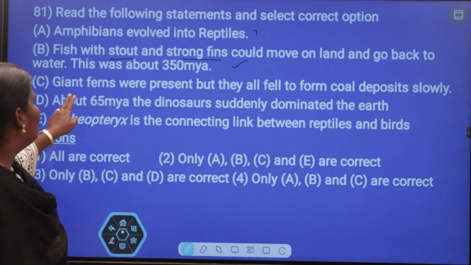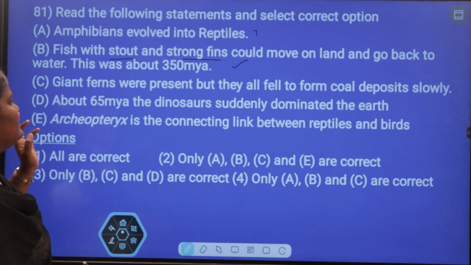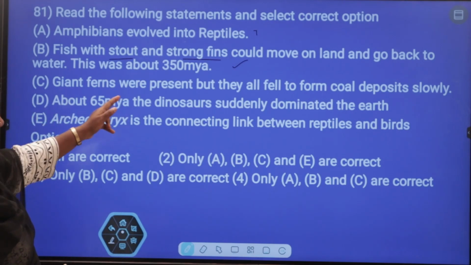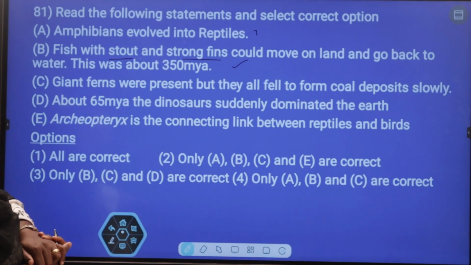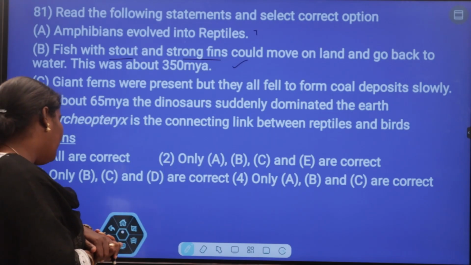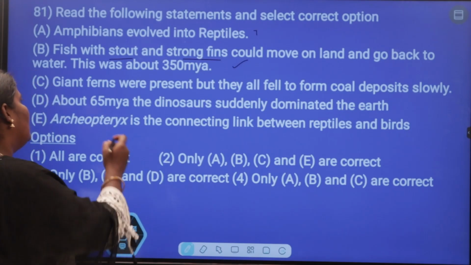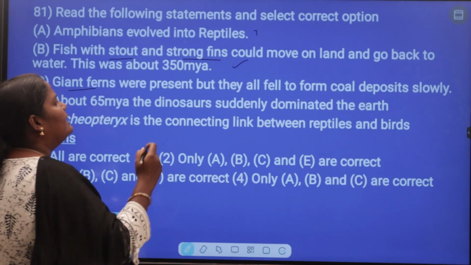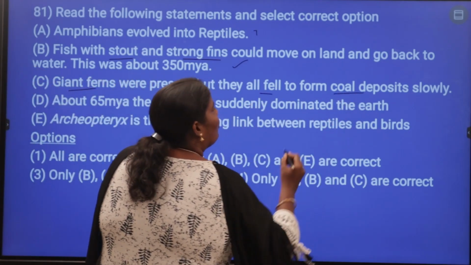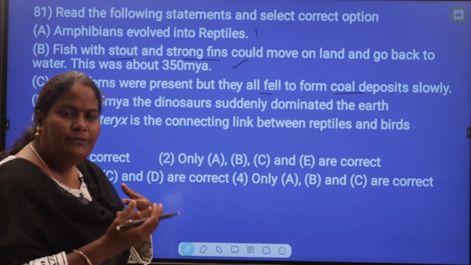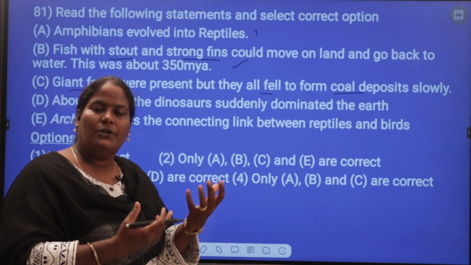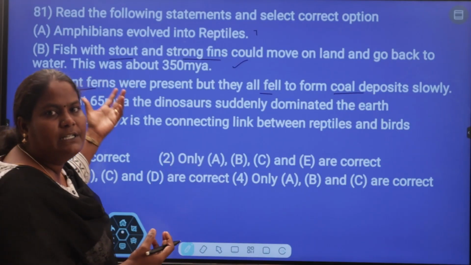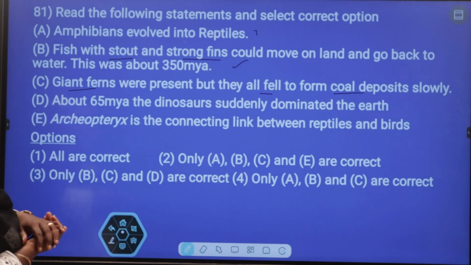Next statement, giant forms were present, but they all fell and slowly formed coal deposits. Yes, giant forms present during the Jurassic and Triassic period fell and formed coal deposits. Whatever coal and petroleum we are enjoying were actually converted from the giant forms. Yes, the statement is right.